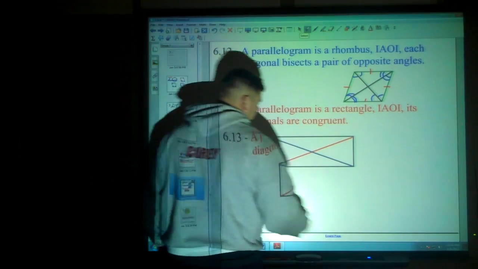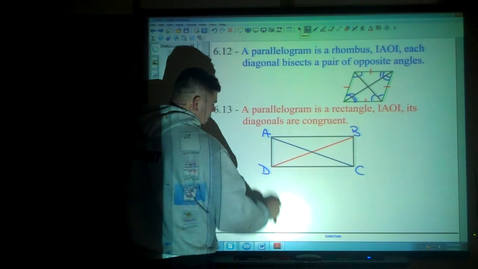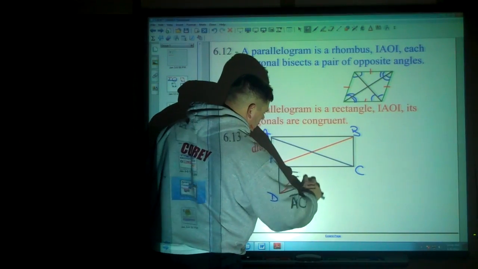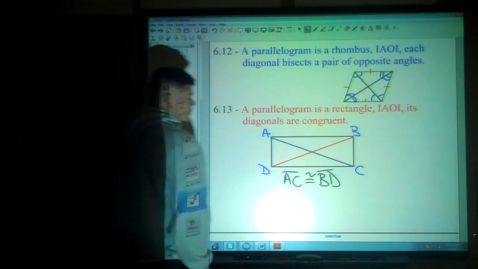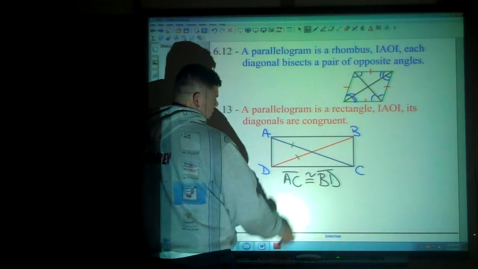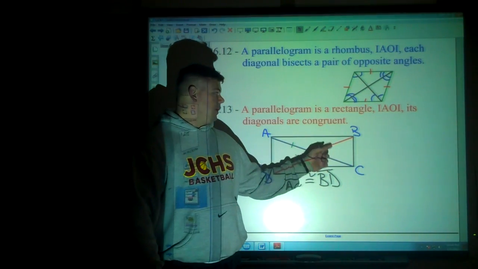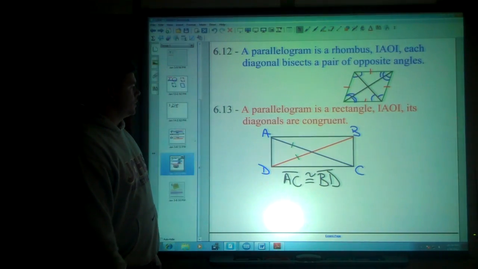So if I were to label it A, B, C, D, we would say that AC is congruent to BD. So this is the same as this. And we already know that they bisect, so we know that each segment is the same, which would tell you a lot about the triangles themselves.